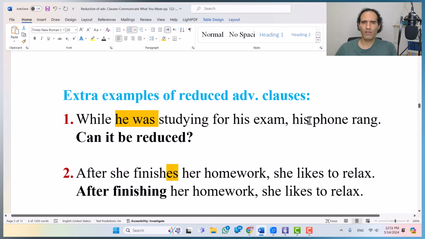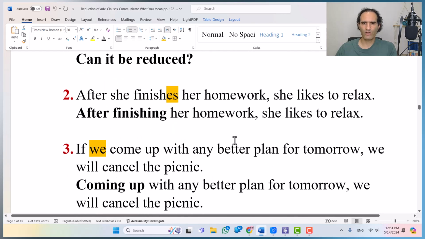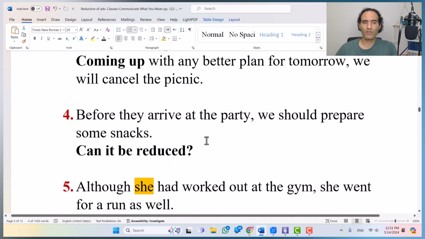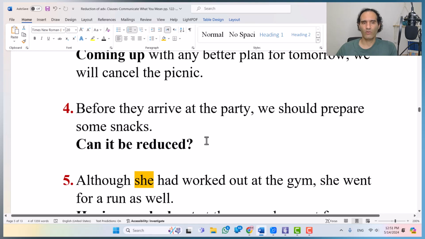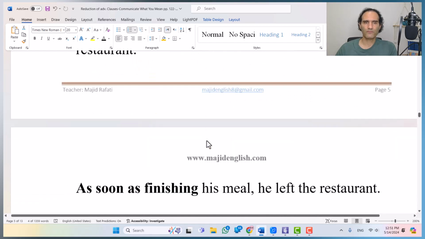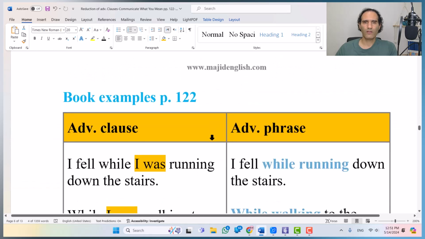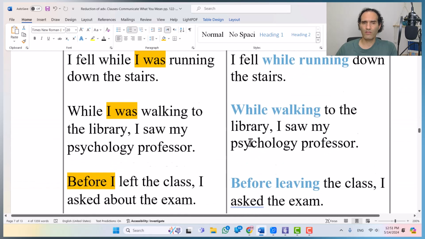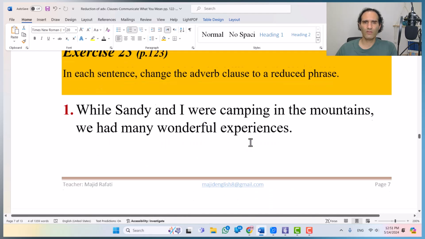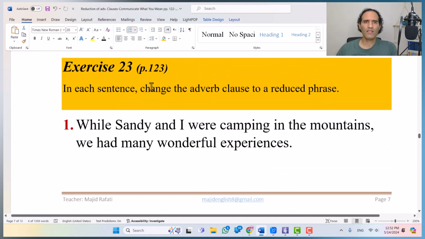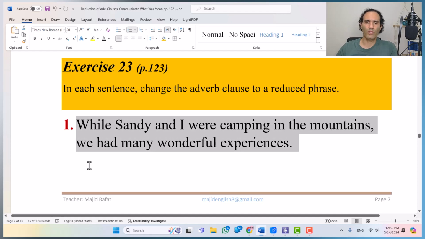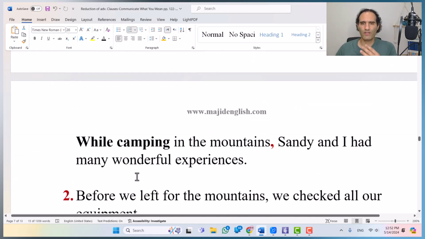With ample exercises on the reduction of adverb clauses, we fully understood in different verb tenses with different types of adverb clauses, time, and also contrast, condition. We had sentences here, and then the book examples, which proved very simple for us already. And here exercise 23, the experience of Sandy and I camping in mountains, with very beautiful language and phrases that it had here.